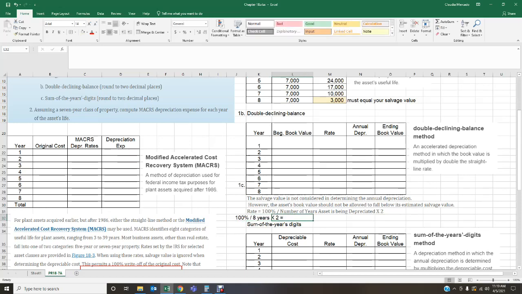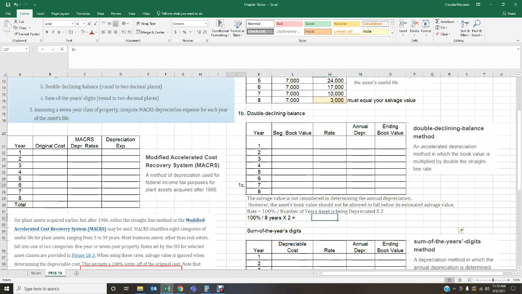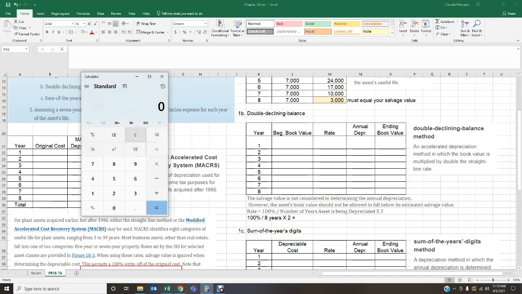And let's see what that gives us. Let me make some changes here. There we go. So we're going to get 100%, and we're going to divide by 8 years. That gives me 12.5.